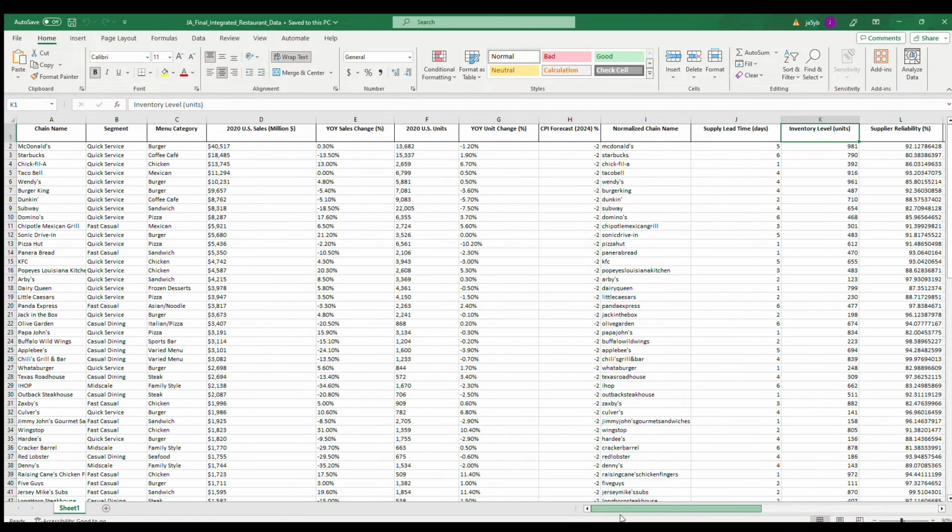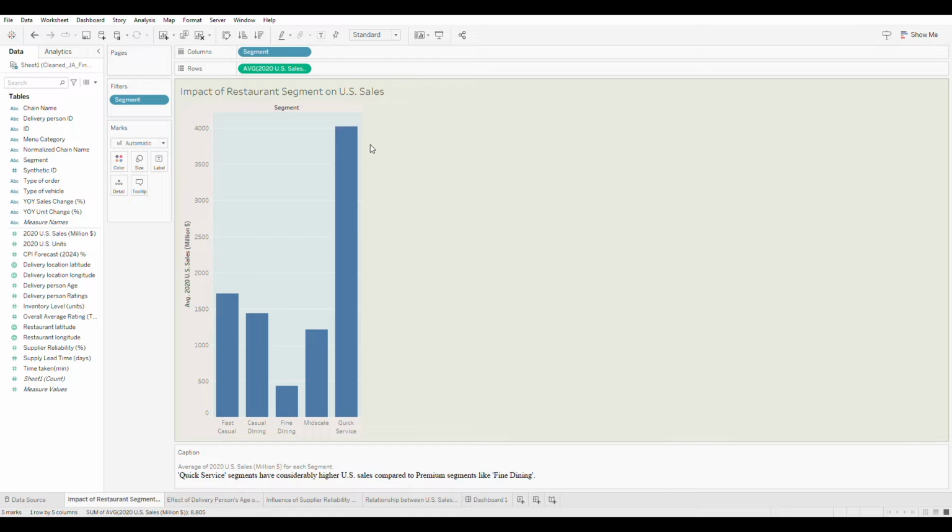The impact of restaurant segments on US sales. The analysis revealed that quick service restaurants have significantly higher US sales compared to fine dining. This would suggest a market preference for quick, affordable dining options.